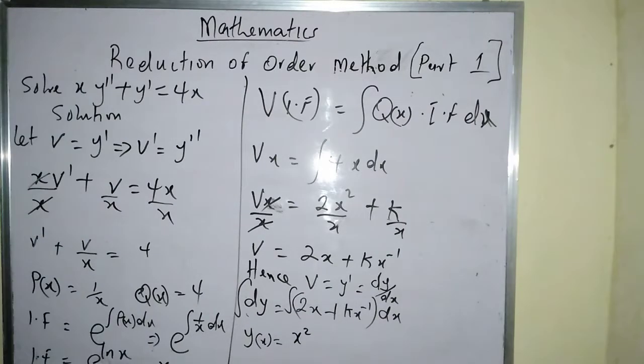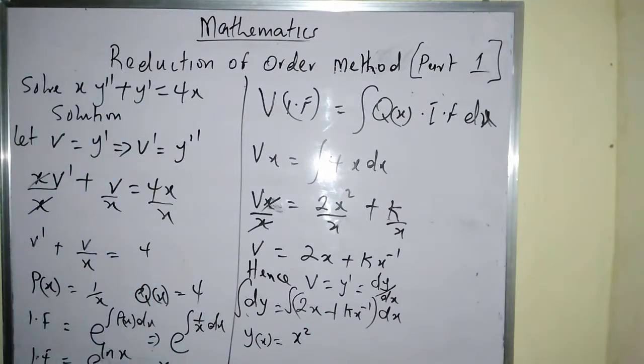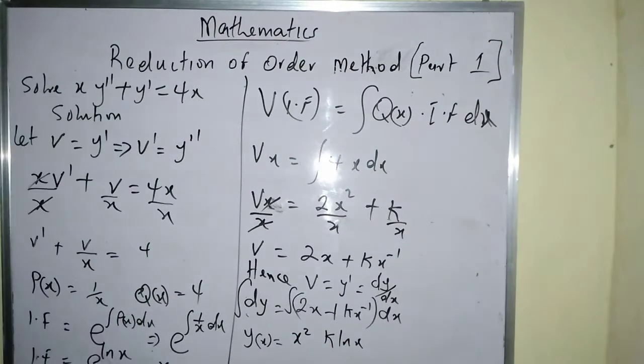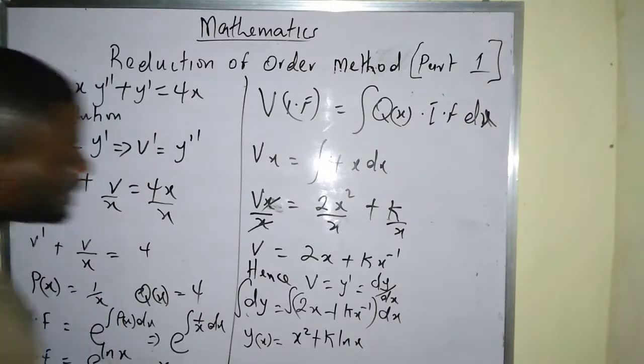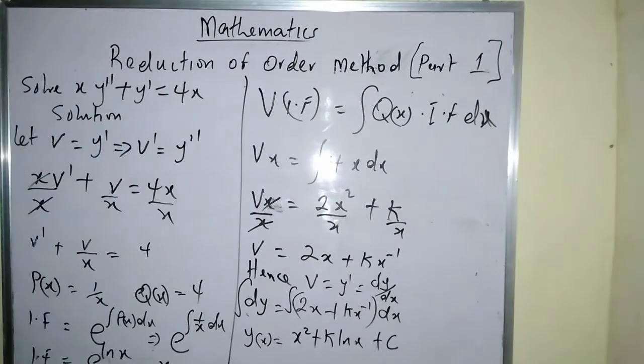This one will be x squared. I'm integrating. If I integrate this particular function, I add one to the power, and I'll also have k ln x, because it's an inverse, plus another constant c.